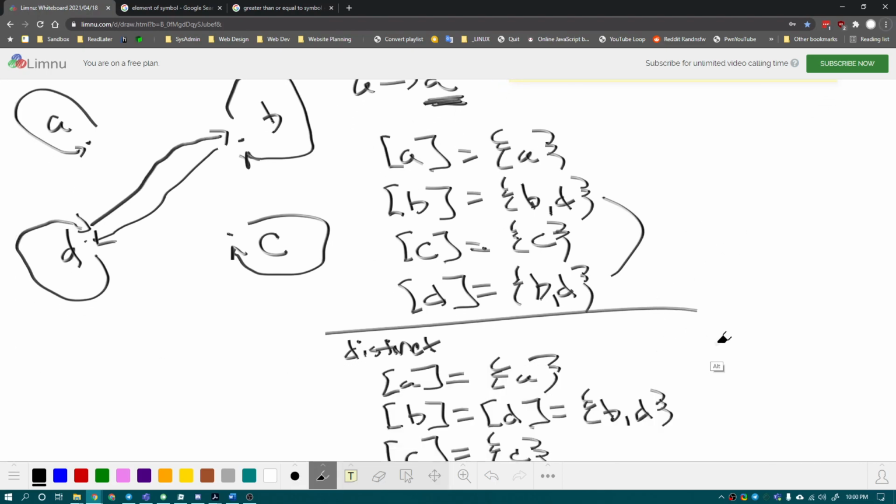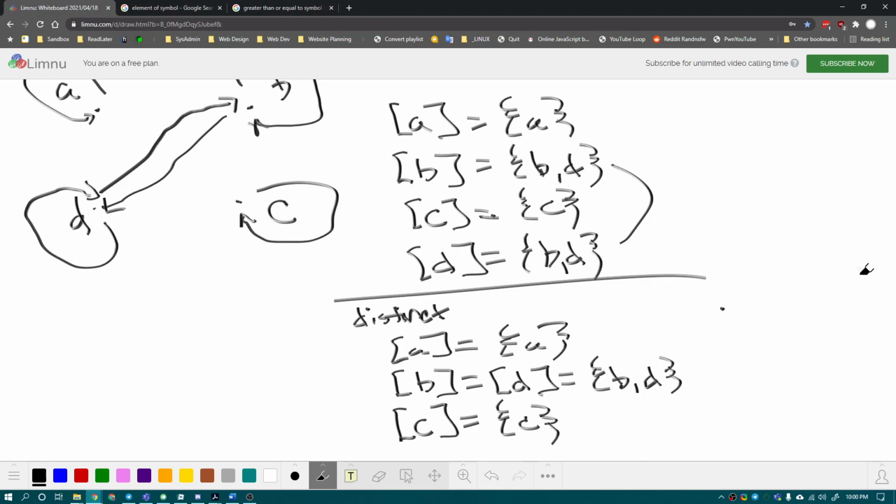If it doesn't say distinct, you could leave it this way. But on the test, it's going to say distinct. Even if it's not distinct, can I do it the way we just did it? Yep, absolutely.